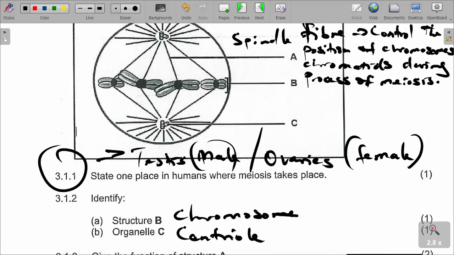Therefore, in order to determine the number of chromosomes in the somatic cell, it is 2N, which is twice the haploid number.